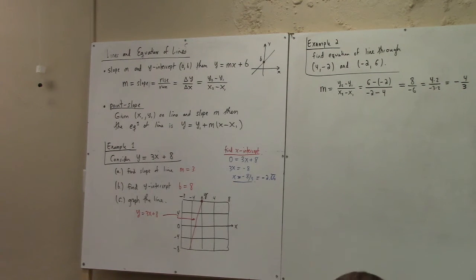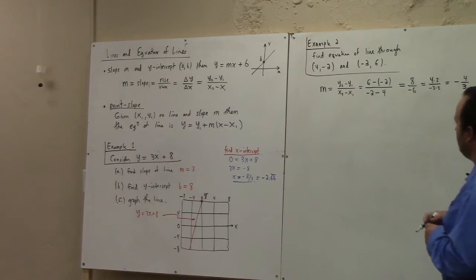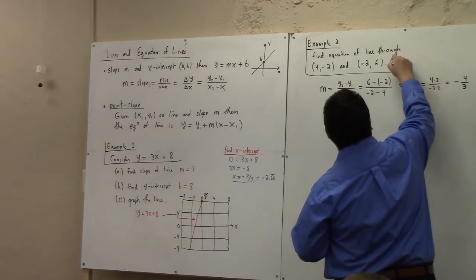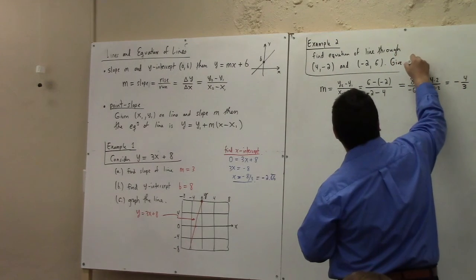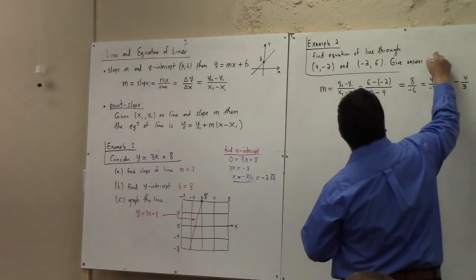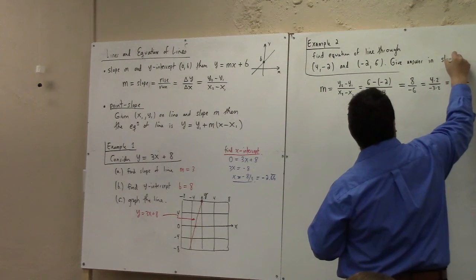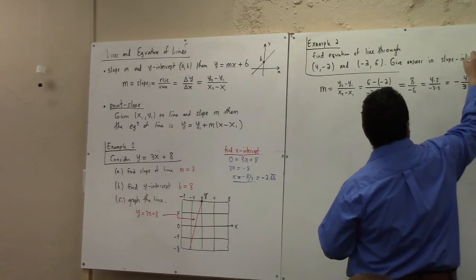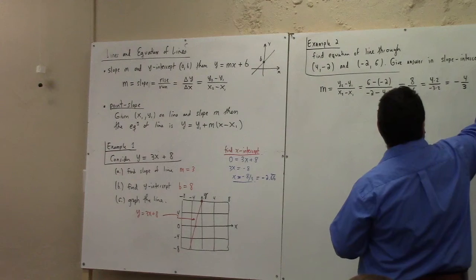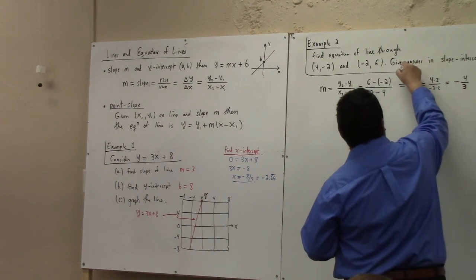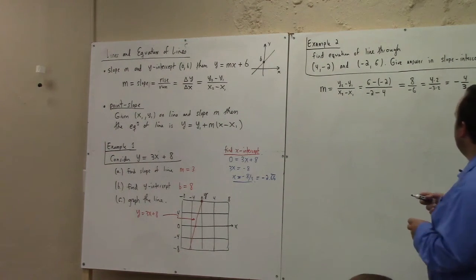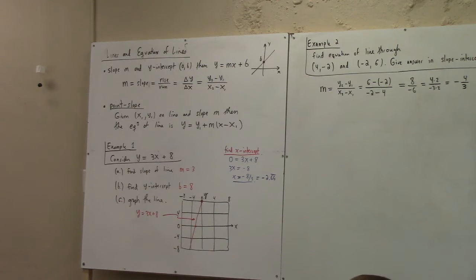And then let me add a little bit of instructions here. Give answer in slope intercept form. All right. So what do you guys want, what's the next step we want to make here?